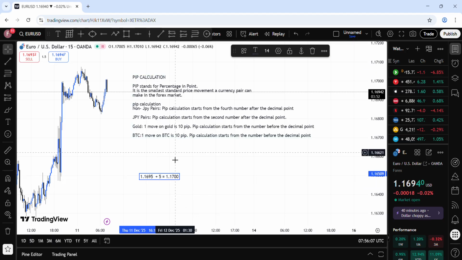This is simple mathematics. This 1.1695, it starts from the fourth number after the decimal point, which is this 5. You add 5 plus 5 is 10. You cannot use 10, so we put 0 and carry over. This 6 will change to 7, being 6 plus 1. That's it. It's simple mathematics.